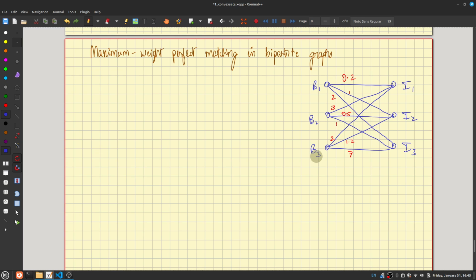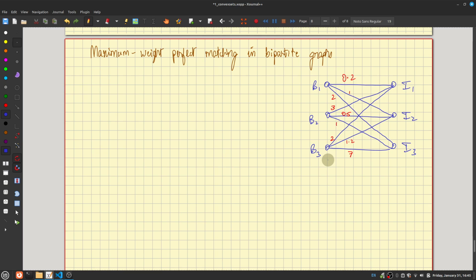You don't set the price of each item, but each buyer says how much he or she is willing to pay for each item. So maybe buyer 1 is willing to pay $0.2 for item 1, $1 for item 2, and $2 for item 3, and so on.